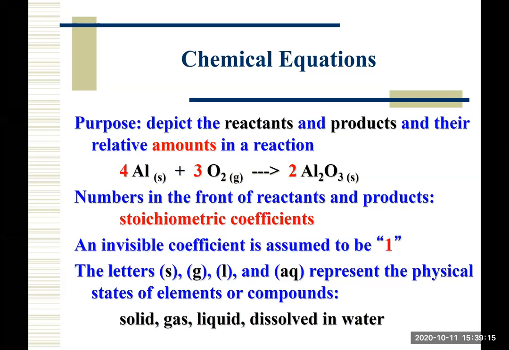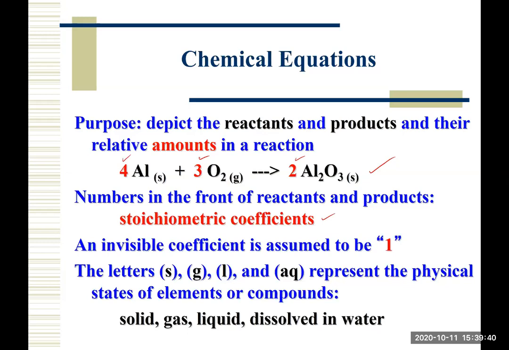So in this particular reaction equation, we see that 4 solid aluminums react with 3 gaseous oxygens to form 2 solid aluminum oxides. The numbers in front of those reactants and products are called stoichiometric coefficients. So the 4, the 3, and the 2 are all stoichiometric coefficients.